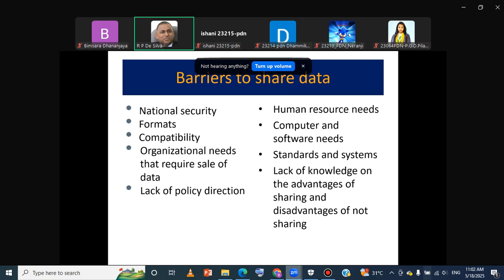So there's no way they can release the data without making some earning. And most of the time, most of these problems are due to lack of policy guidance, policy directives.